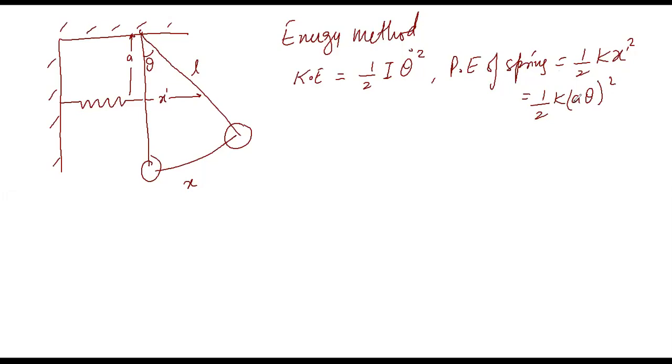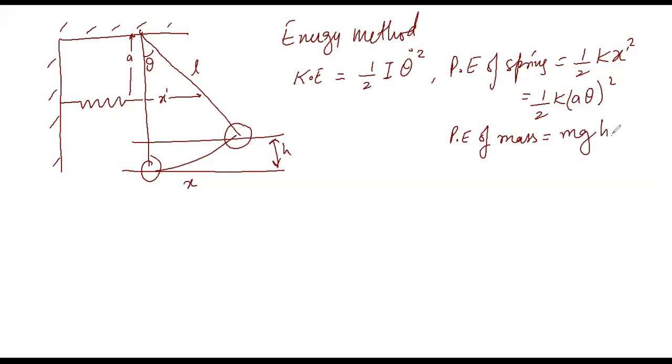Now in this condition, the potential energy of the mass is to be written as mgh, where h is the distance.